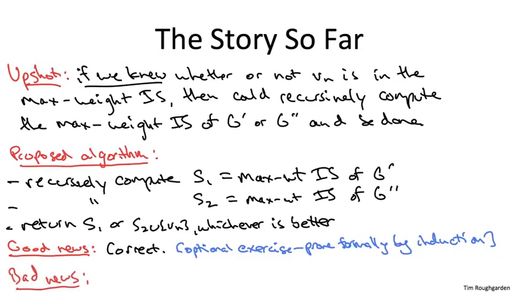The bad news, on the other hand, is that this algorithm takes exponential time. It's essentially no better than brute force search. So while the correctness of this kind of recursive algorithm follows the template of divide and conquer pretty much exactly, the running time has blown up to exponential. And the reason for that difference is, in our divide and conquer algorithms, think of merge sort as a canonical example, we made a ton of progress before we recursed, right?